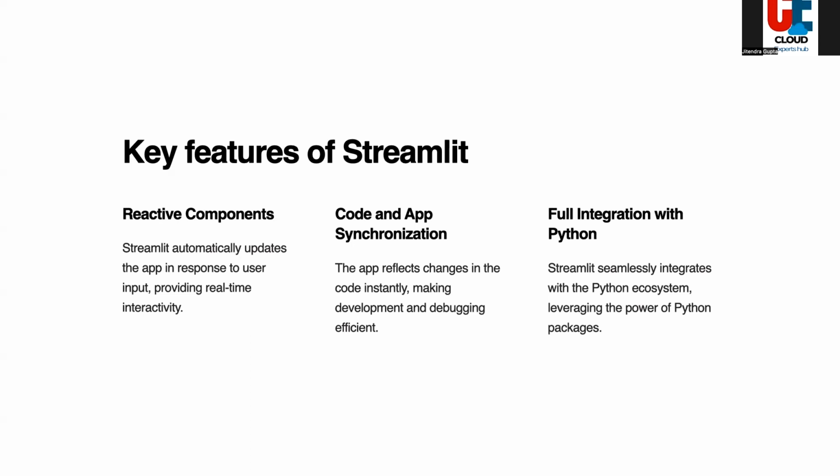I'm trying to cover the very introductory portion of the Streamlit application. If you are working in a similar zone, you should go back and check what other functionalities and advanced features they provide.